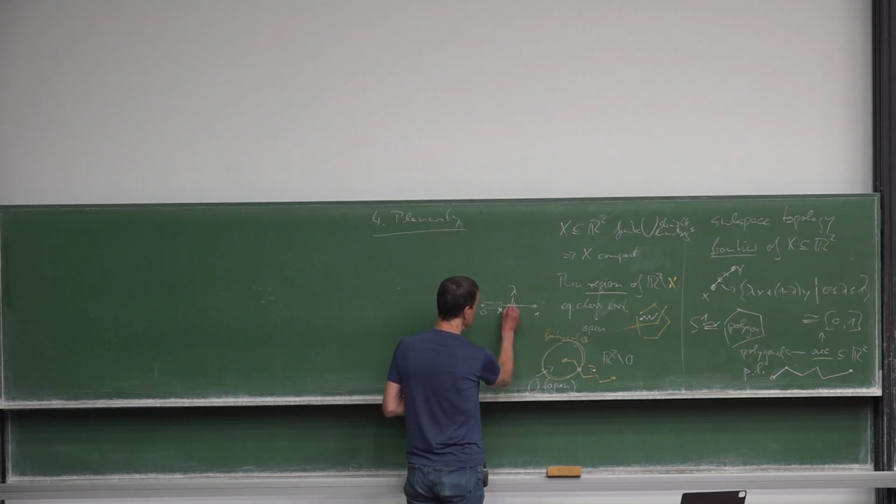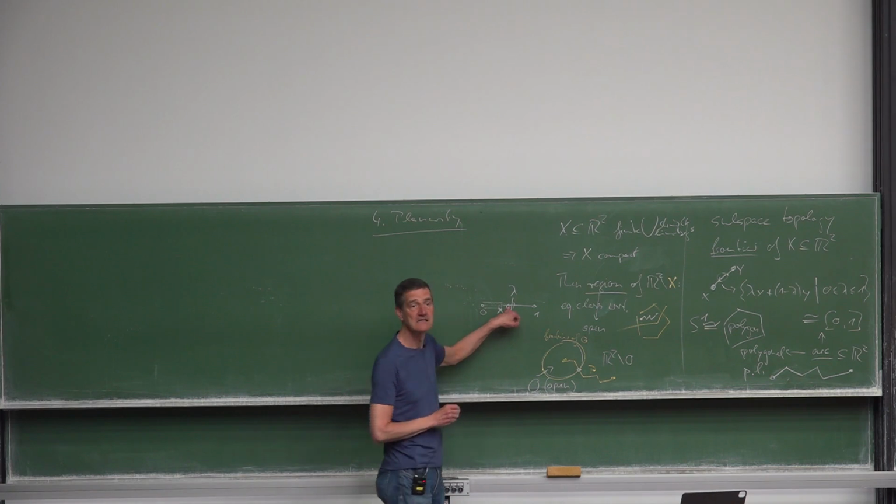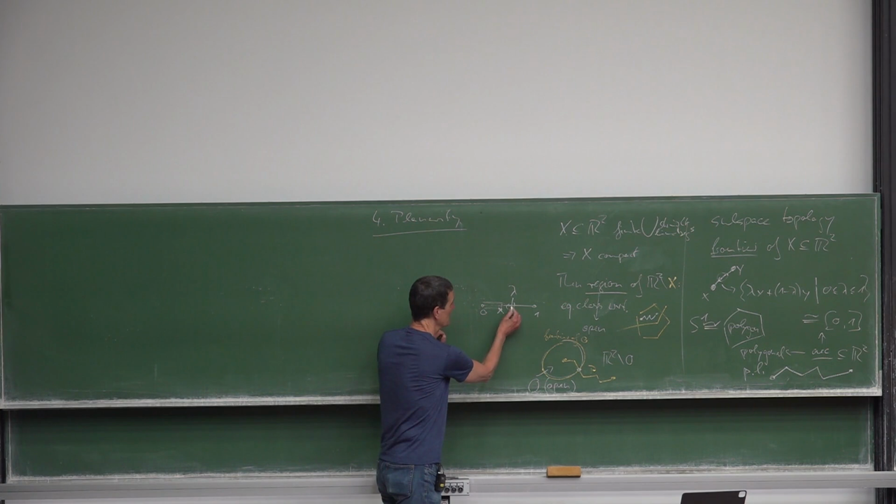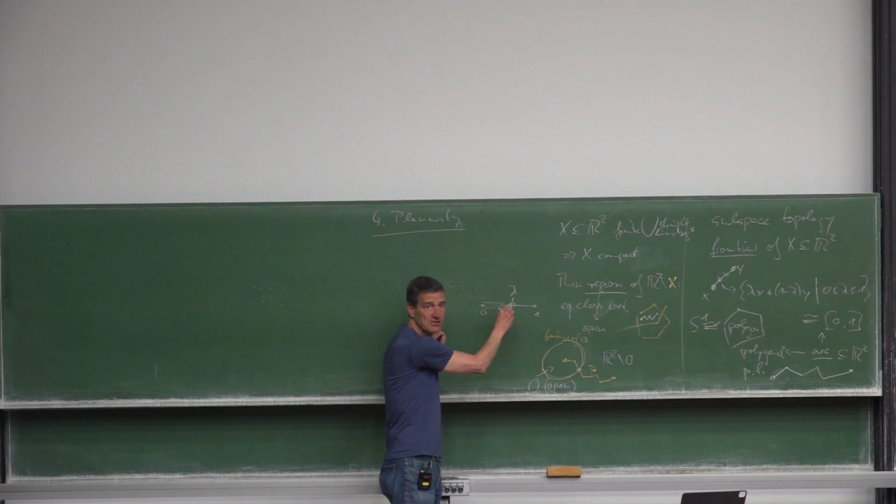And then you know that all these points here must be in x. If one of them wasn't, then you find a slightly bigger one, such that this interval here doesn't lie entirely in x, doesn't map entirely to x. So all these points before lambda, no matter how close, have to lie in x.